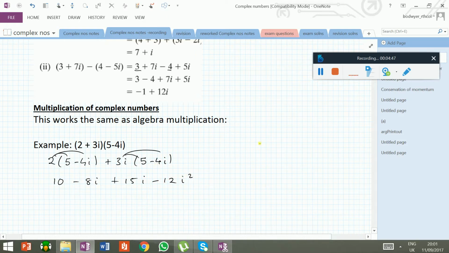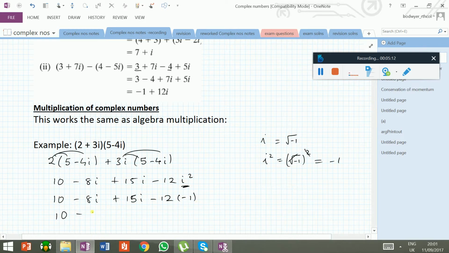But don't forget, if i is equal to the square root of minus 1, then i squared is equal to the square root of minus 1 to be squared, and it's effectively then minus 1. So this bit here is a minus 1. So then you have 10 minus 8i plus 15i minus 12 times a minus 1. 10 minus 8i plus 15i minus gives you a plus 12.